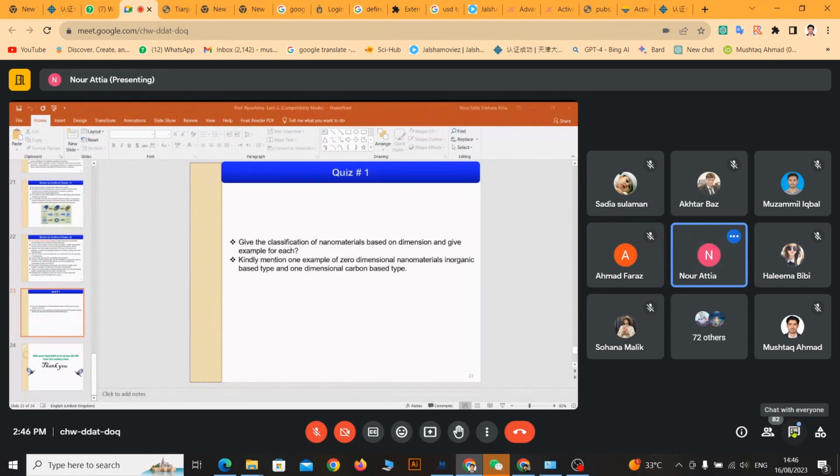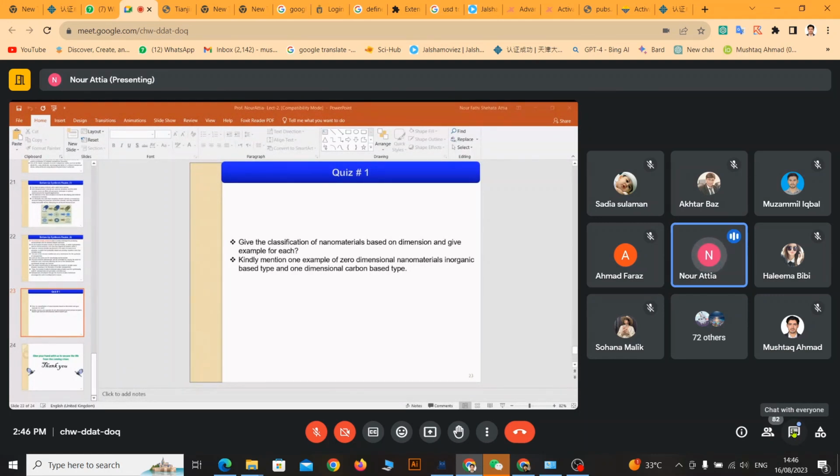One dimension has carbon nanotubes, nanowires, nanofibers, and so on. Two dimension has graphene, nanosheets, 2D MOF. 3D has nanopillars and nanocoils.